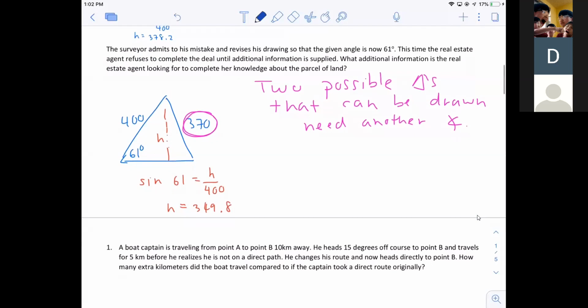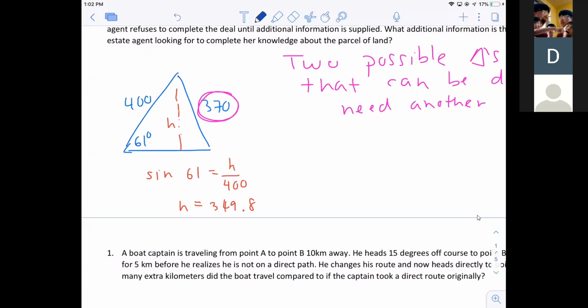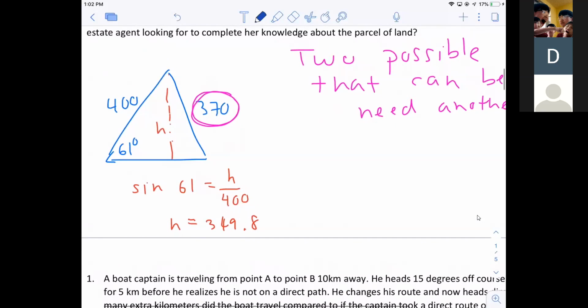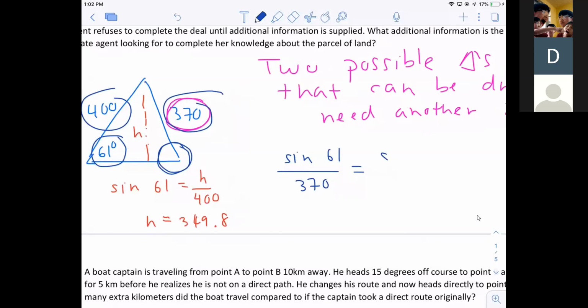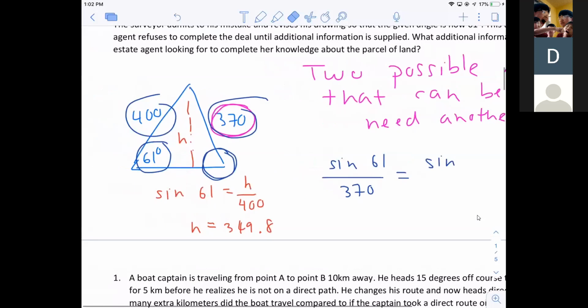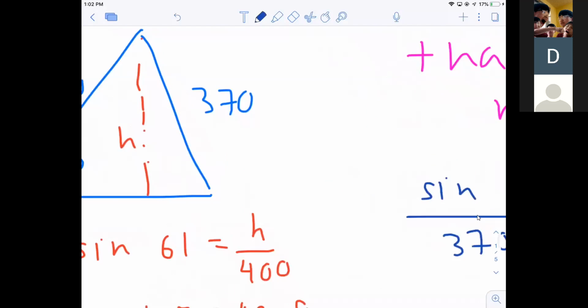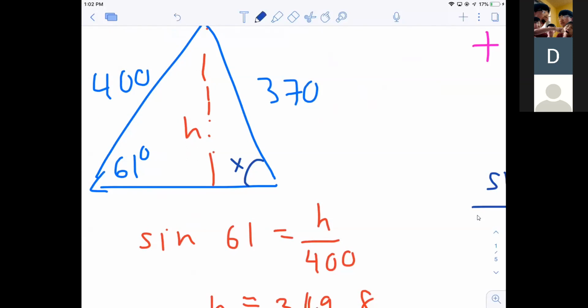All right. So if you actually want to find angles, I'll do it super quick, but we can do sine of 61 over 370. Again, I'm doing law of sines. This over this is equal to that over that, or the other way. I'll call this angle x, x degrees.